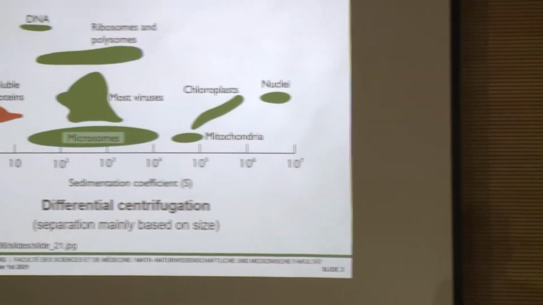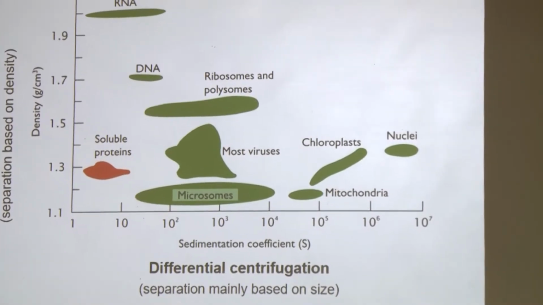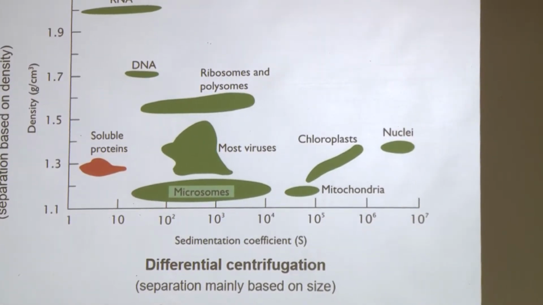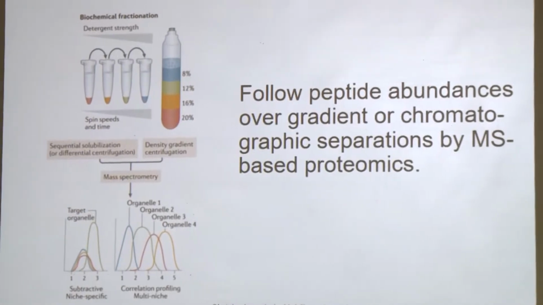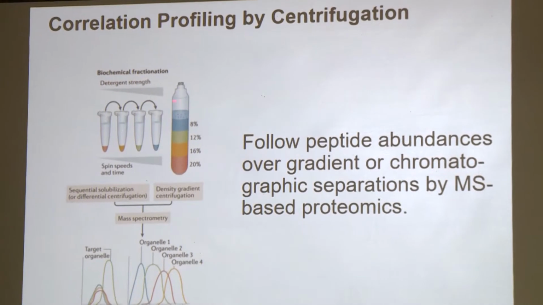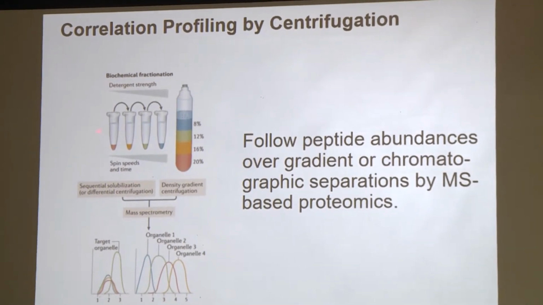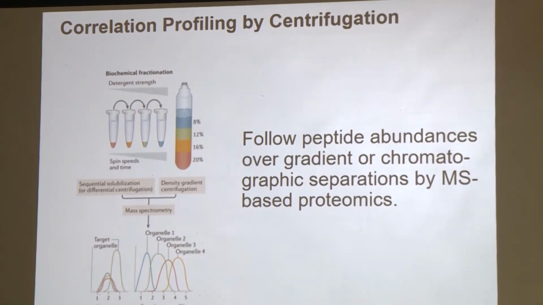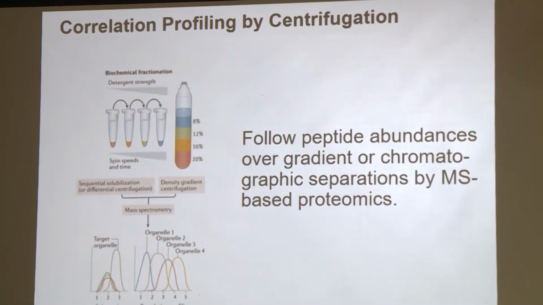So you can do exactly the same and then use quantitative mass spectrometry to study the organelle proteome or also protein complexes. So how does that work? You would have your density fractionation or your differential pelleting fractionations, and then you take these fractions and analyze them by quantitative mass spectrometry, either using a label or label-free approaches.